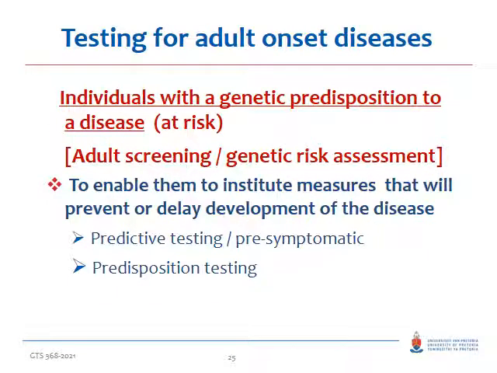When testing individuals with a genetic predisposition for an adult onset disease, certain ethical principles are in place. We don't recommend testing minors for diseases of adult onset, such as Huntington's disease, especially where there is no curative treatment.